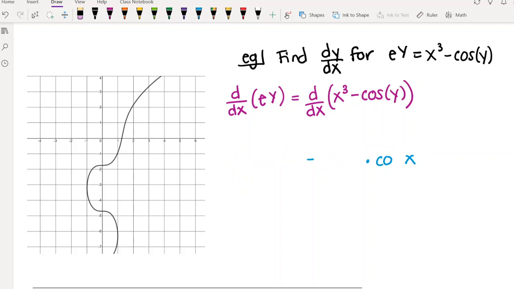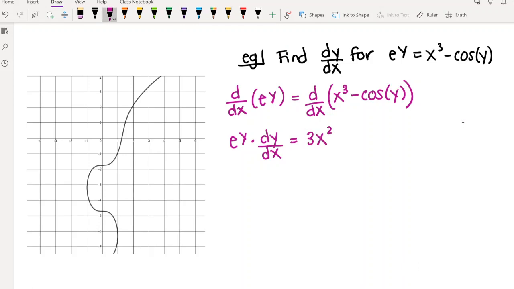In this example, our outer function is again e to the u, and so the first part of the derivative is just going to be e to the y. But then we need to multiply by the derivative of the inner function, so we have to multiply by dy/dx. And then on the right-hand side, we have the derivative of x cubed, so that's just going to be 3x squared. It's just a normal derivative. And then when we get to the derivative of cosine of y, we're first going to take that outside derivative.